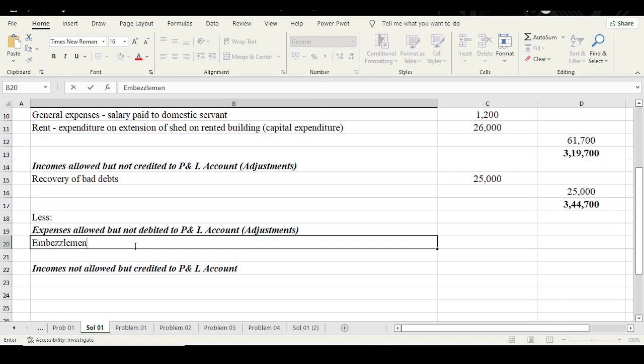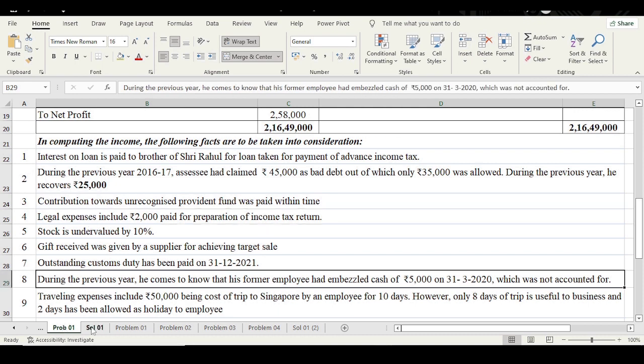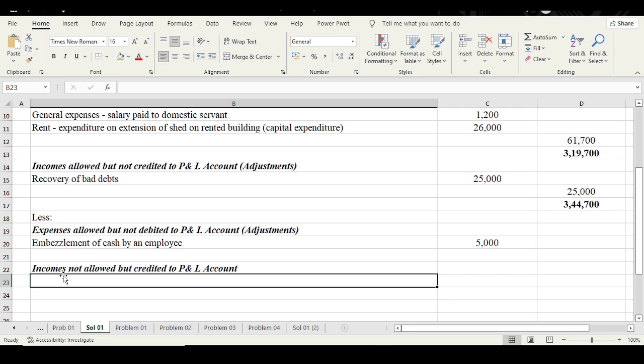Embezzlement of cash by an employee. Amount is rupees 5,000. Okay. So there are no other expenses which are allowed but not debited to P&L account. As such, this will be deducted: 5,000.